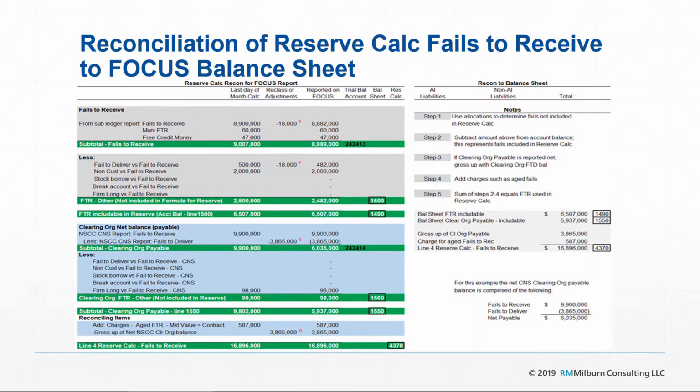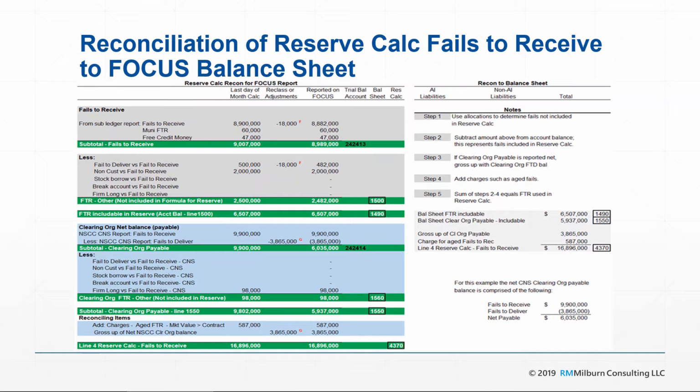It's a 5-step process to reconcile the reserve calc fails to receive back to the focus balance sheet. Step 1, determine which fails to receive and clearing org payables you're not going to use. You do that using the allocation process. Step 2 is to take these amounts, subtract them off from the account balances for fails to receive and clearing org payables.